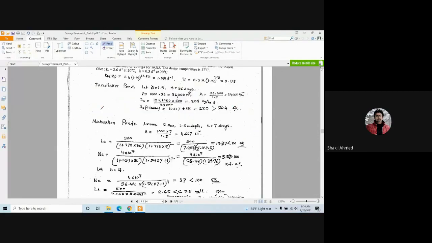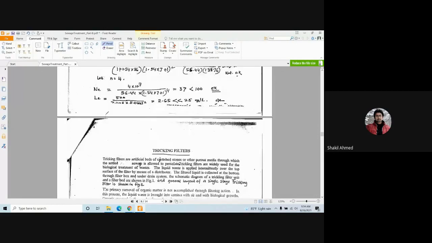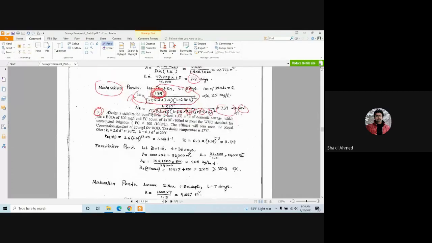Okay, in this problem, they're telling what? Design a stabilization pond system to treat 1000 meter cube per day of domestic sewage, which has a BOD of 500 milligram per liter and a fecal coliform count of this, to meet the WHO standard for unrestricted irrigation.